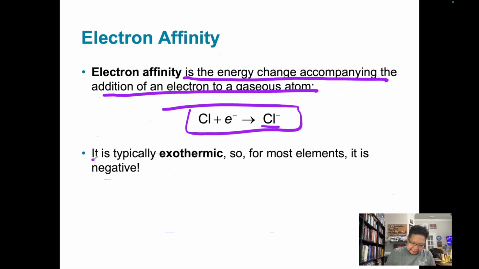This is typically a very exothermic reaction. For most elements it's negative, meaning it produces a lot of heat. Another way of saying electron affinity is how much an atom likes electrons.